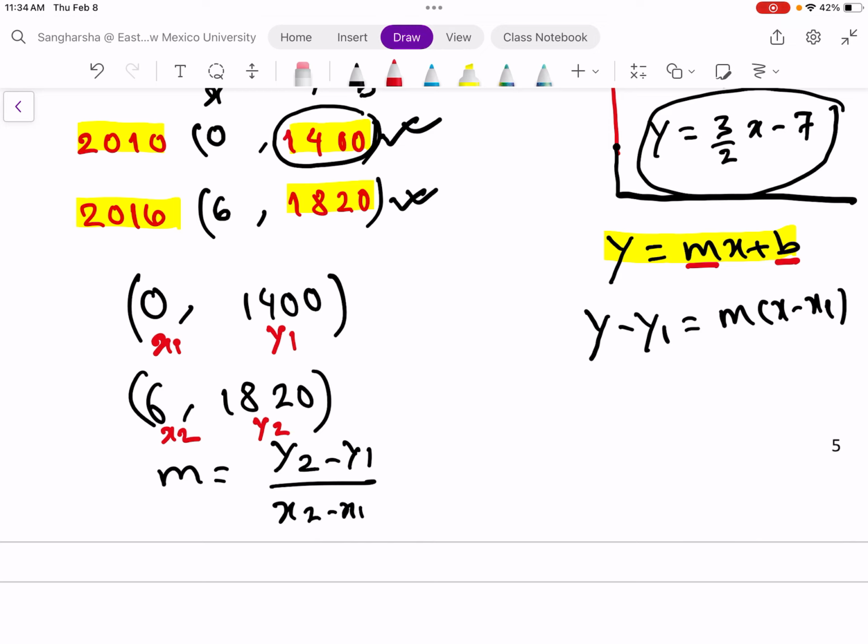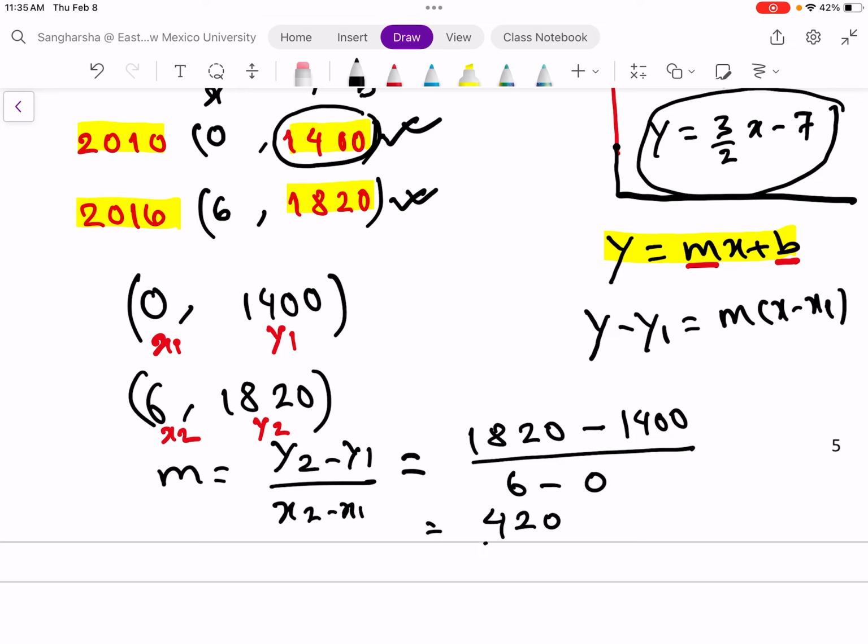So the slope is 1820 minus 1400, divided by 6 minus 0. 1820 minus 1400 is 420, divided by 6, that is 70. So our slope is 70.